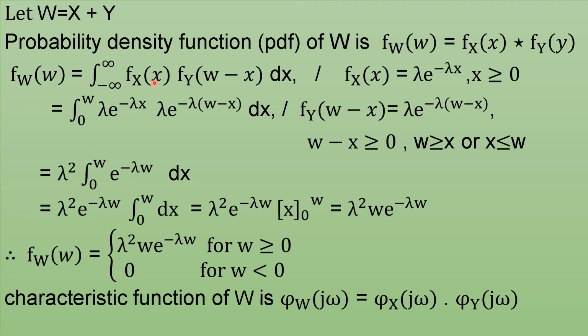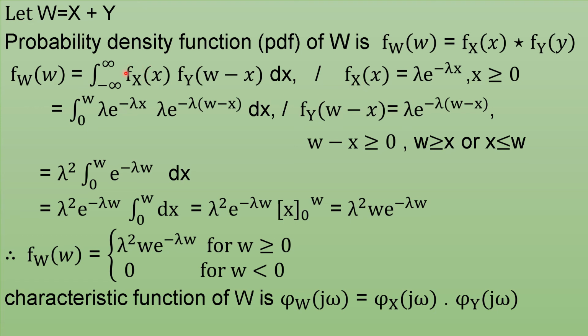Here fx of x is lambda into e power minus lambda x for x greater than or equal to 0 and 0 for x less than 0. The integral is from minus infinity to plus infinity with respect to x, so negative x values are also included. And the definition says fx of x will be 0 for x less than 0.